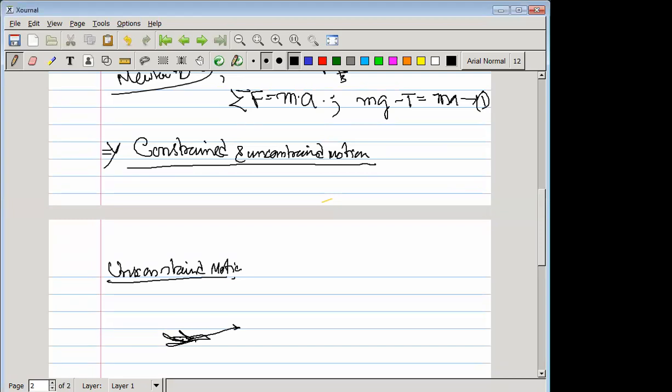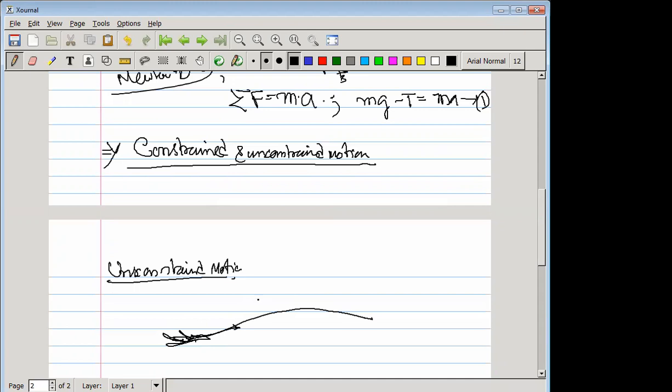There is no specific mechanical guide, and it follows a specific path. So this is called the unconstrained motion.